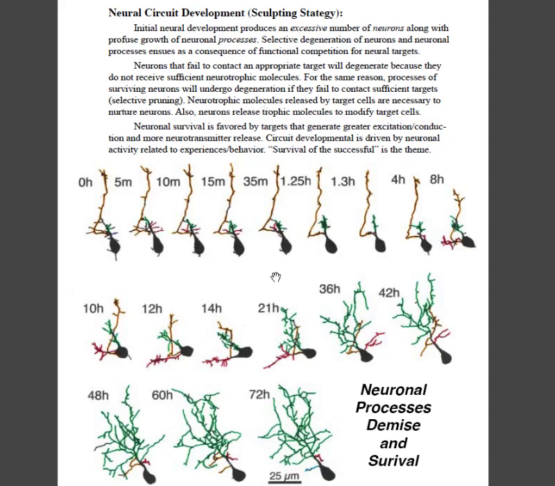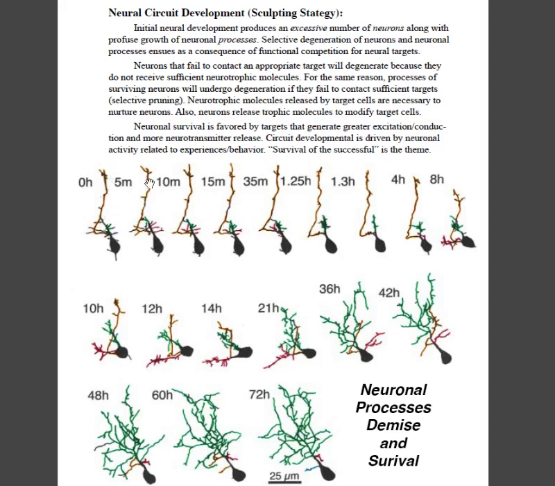Below we see the survival process in terms of processes. So this is one neuron in the tadpole rostral colliculus. You can see that we have three processes we're following, and they are color-coded. And we're following these over about a 3-day period.